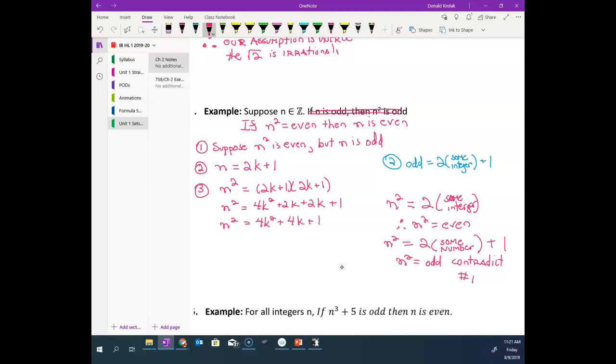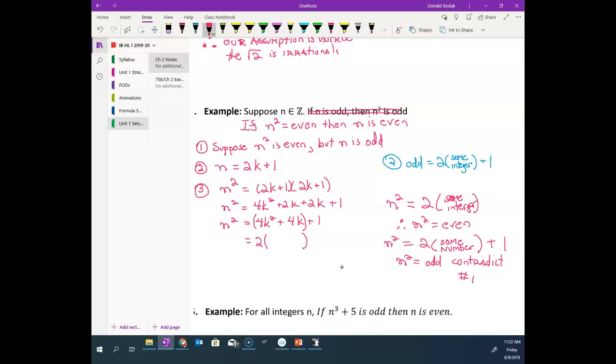Okay, here's a hint. Group the first two terms. Can you factor anything out? Okay, or I could factor out a 2. If I just did the 2, I can factor out 4k, I can factor out 2k.